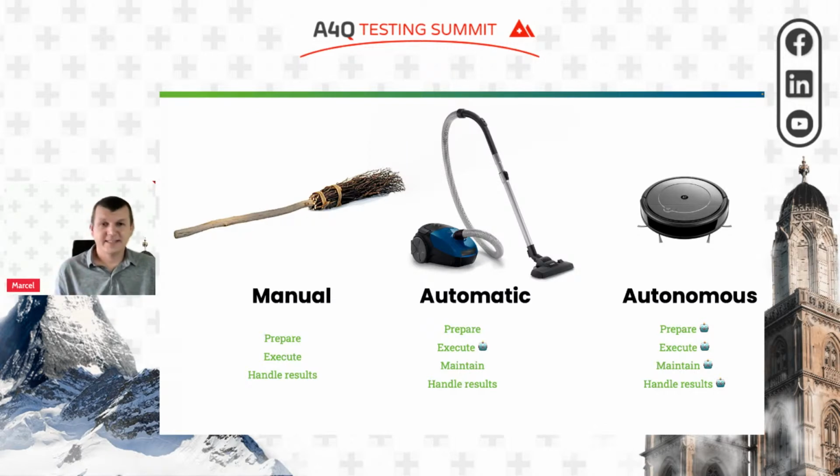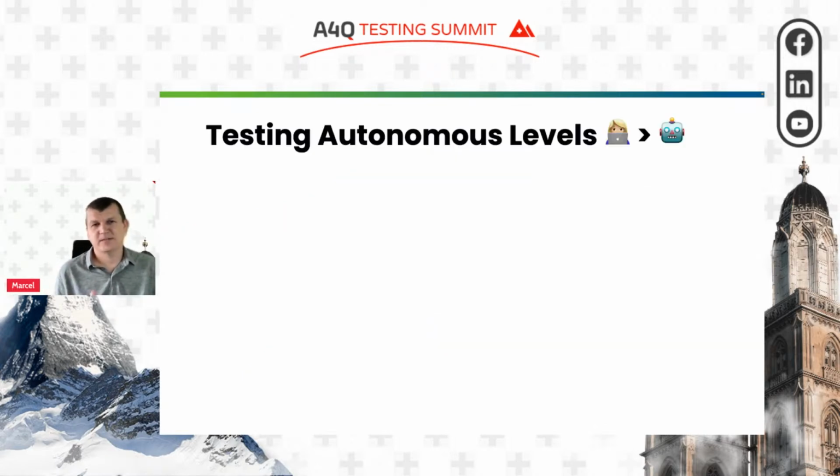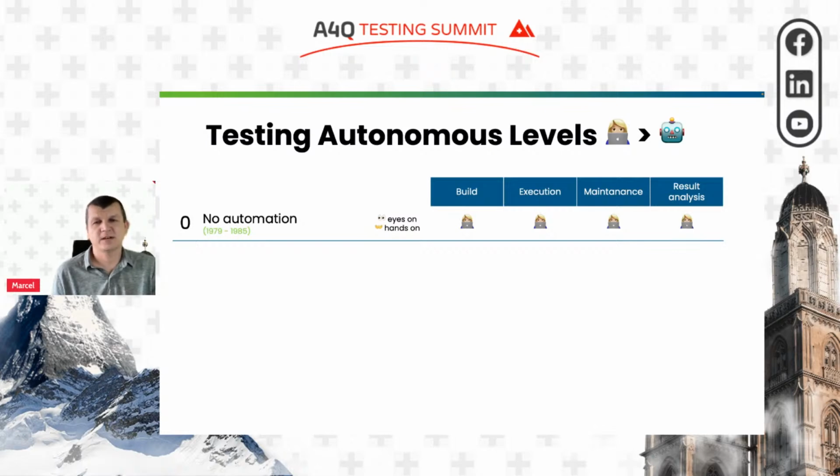To make it more scientific, I could also bring up another slide which is focused on the levels. Similarly to what I explained on the first slide about autonomous testing, these levels are 6, starting from 0, where we consider no automation at all, which is basically manual testing at each stage or each process within the testing approach.